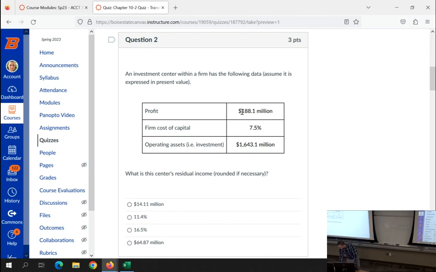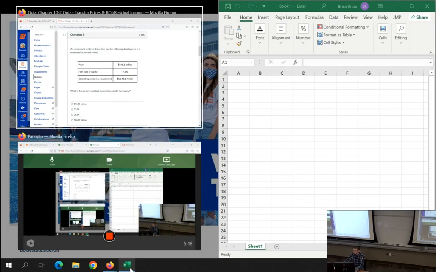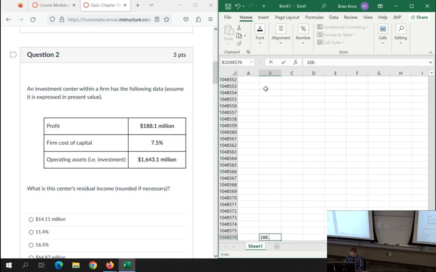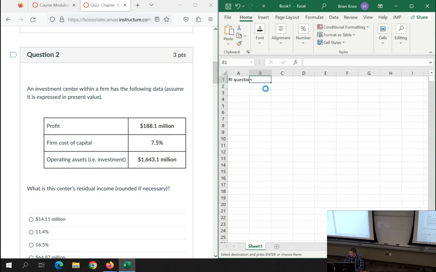Okay, so we have profits of 188.1 million. I'll pull out the spreadsheet now. Profit, we have 1643.1 in millions for investment, and we have 0.075, which is 7.5%, as our cost of capital.